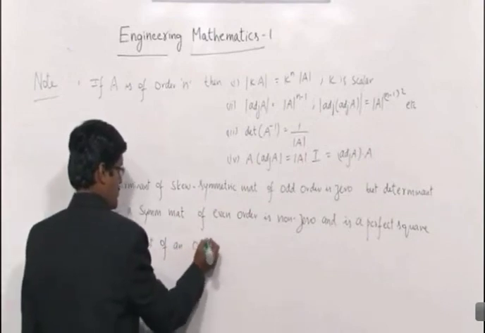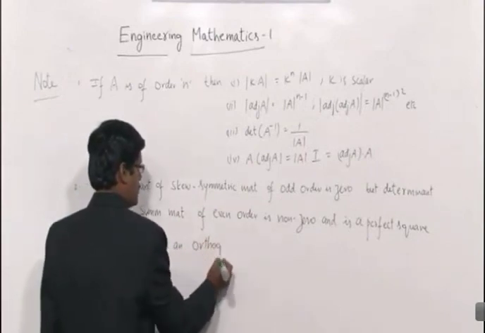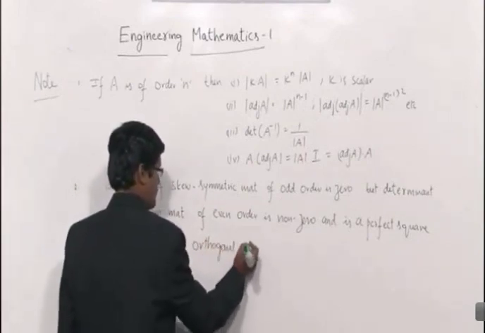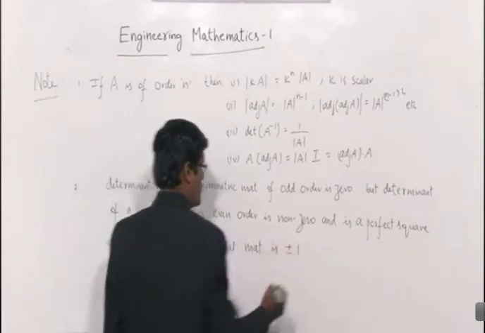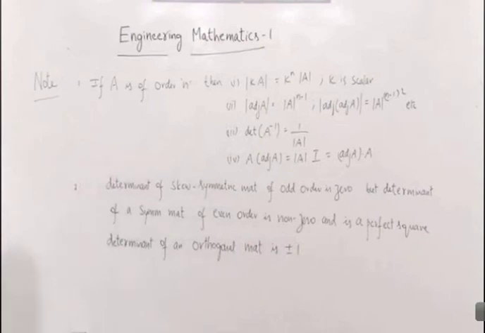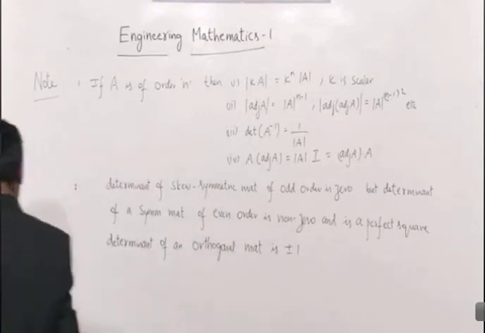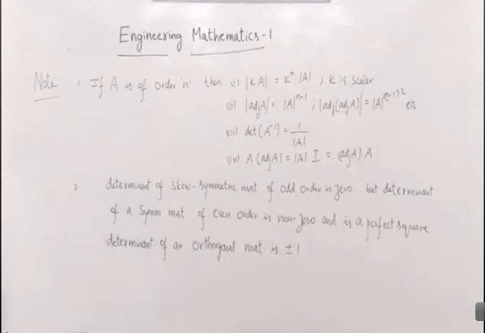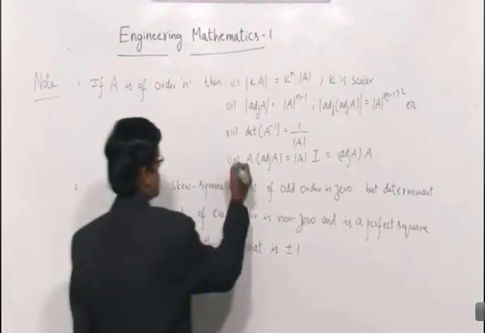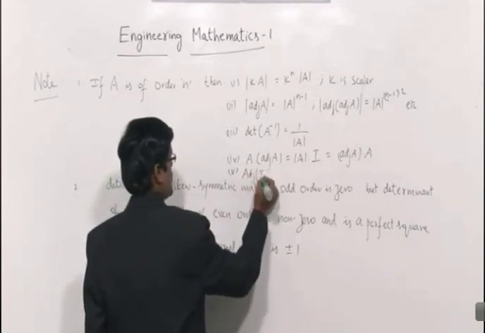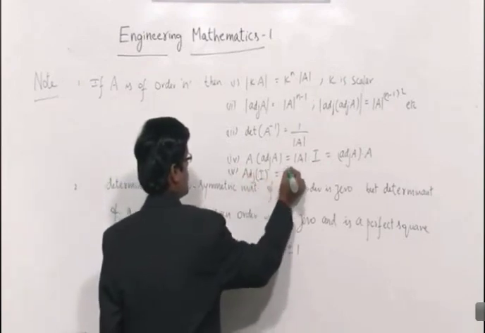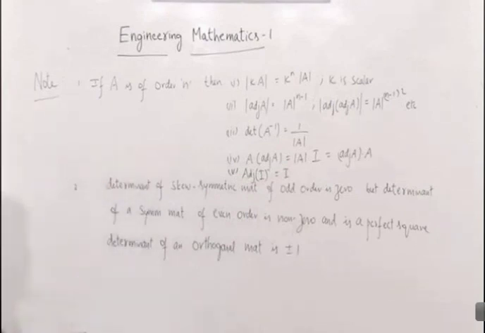The determinant of an orthogonal matrix is always plus or minus 1. And here also write one more point: the adjoint of any unit matrix gives the unit matrix.